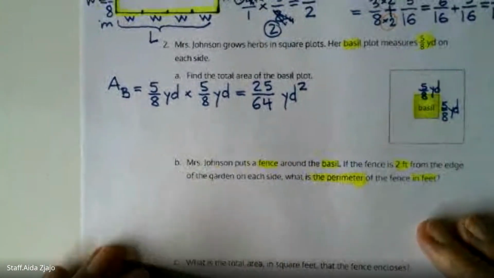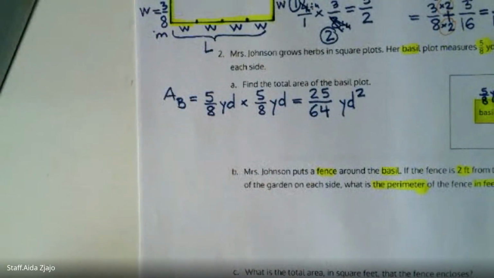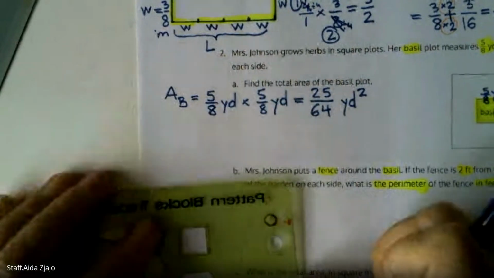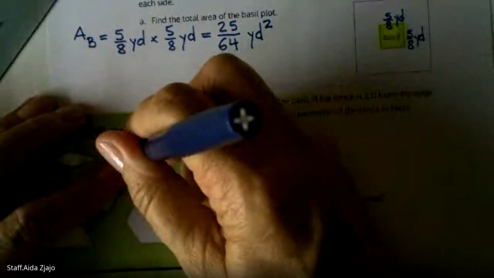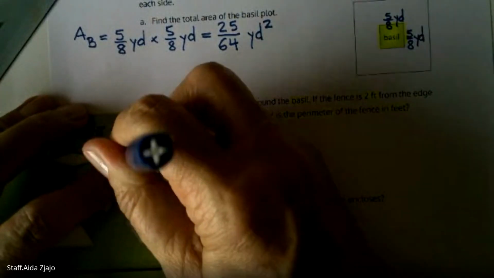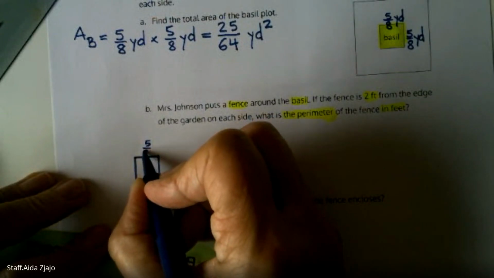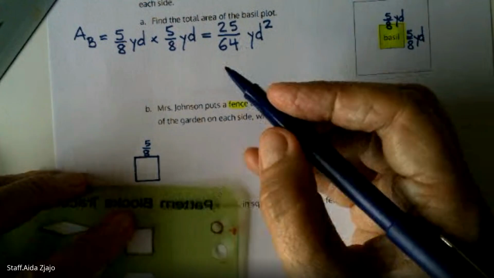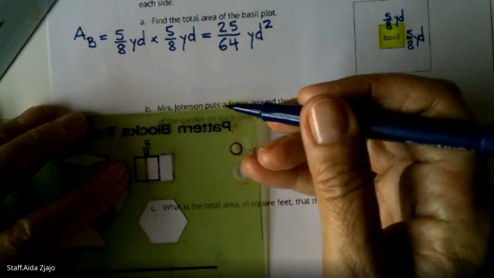So I'm going to use the square here. If that is number B, the B is 5/8. Okay, and now I need to add about 2 feet on each.